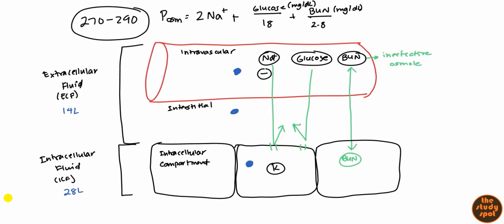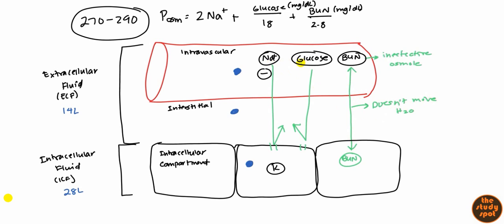So what is the big deal here? Well, since BUN can shift in and out of the cell, if you ever have a shift in water, BUN will shift to adjust itself to water. So it doesn't necessarily move water in any direction. So what you want to remember is it does not move water, because it can move itself instead of causing water to move.